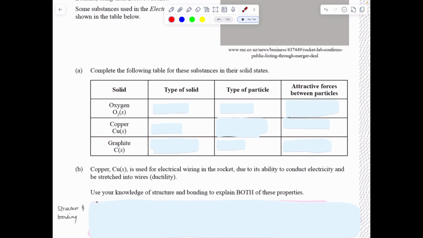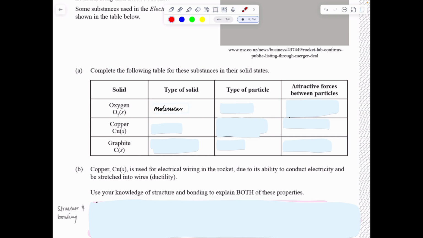Classic question. Okay, so type of solid, oxygen. Because this is found on the right hand side of the periodic table, this is going to be non-metal, and when there are more than one non-metal atoms joined together, we know that it's going to be a molecule.